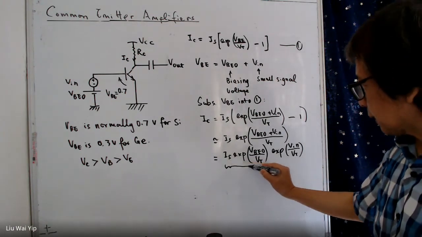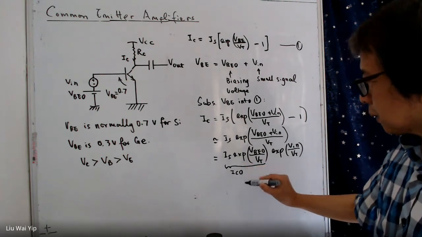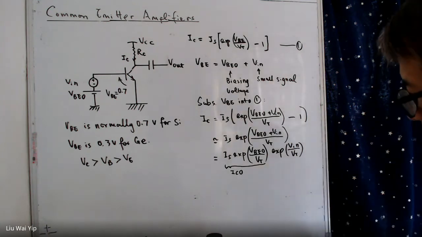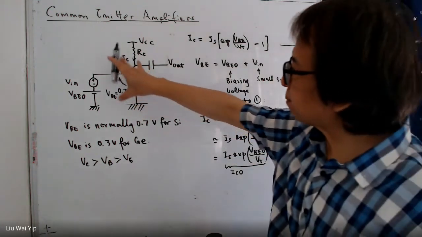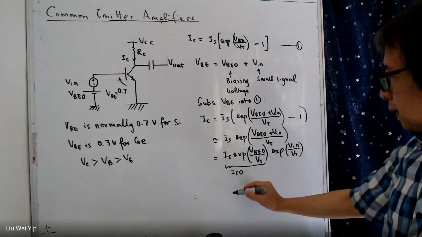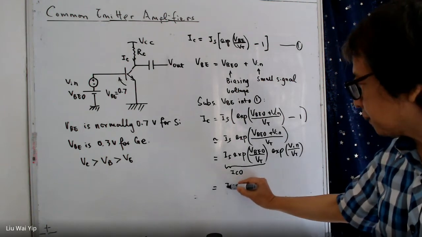And this term here is equal to IC naught. It means the collector current in the absence of any signal. So we can further simplify this.